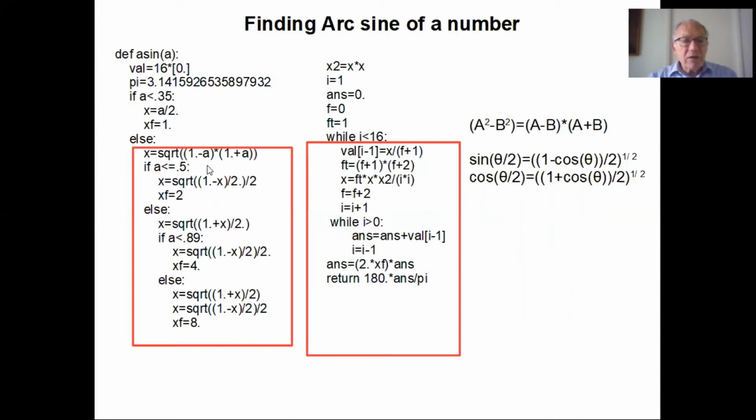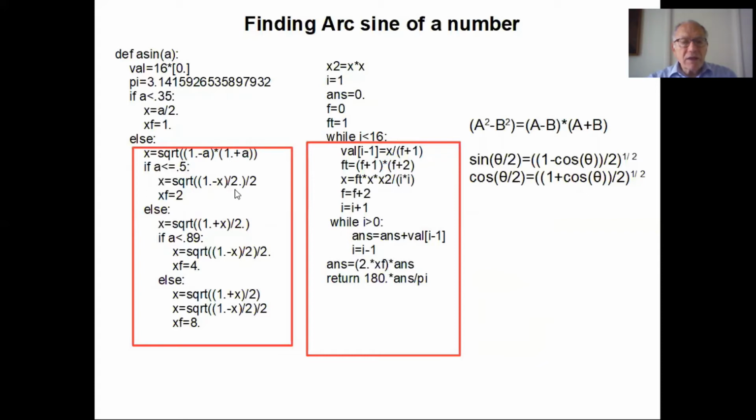If it's greater than 0.35, then remember we're doing the arc sine, so we're about a third of the way to 1, which is the maximum value that we take the arc sine of. We now use the formula for halving the angle. We now use the formula for finding the half angle by taking 1 minus the cosine of the angle, divided by 2.